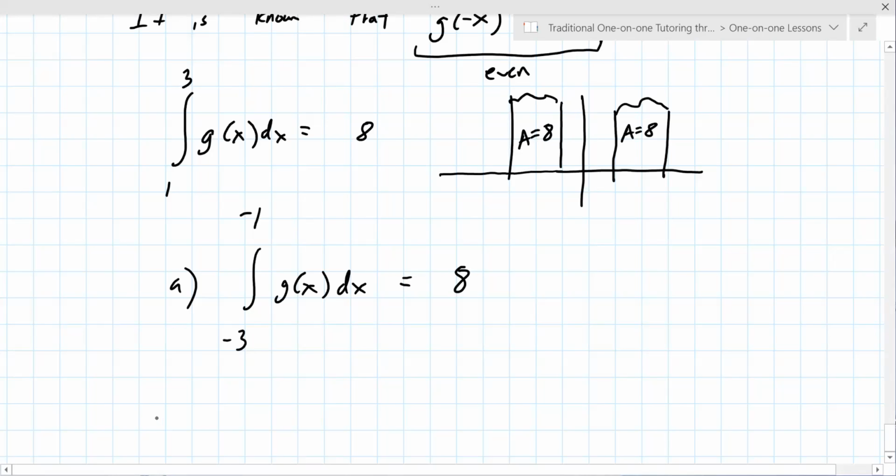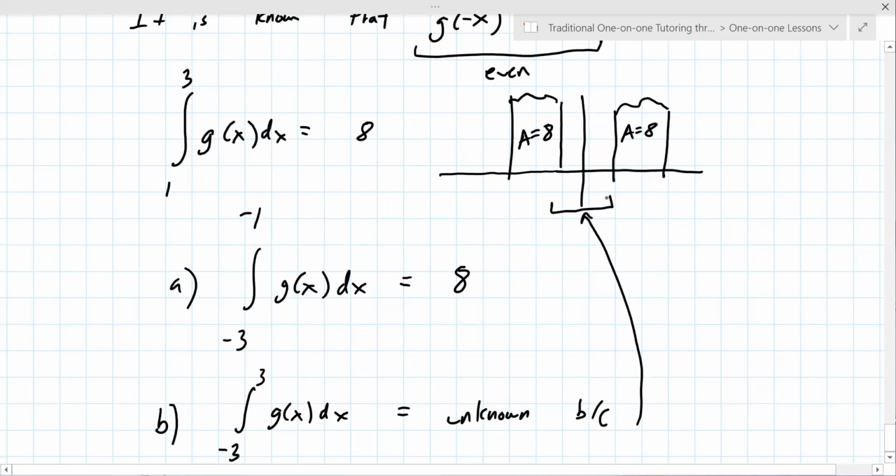Makes sense. Now, this is the problem. The problem here is part B, you don't know how to do. If I asked you the integral from -3 to 3 of g of x dx, this is unknown because we don't know what's happening in here. What is happening from -1 to 1?